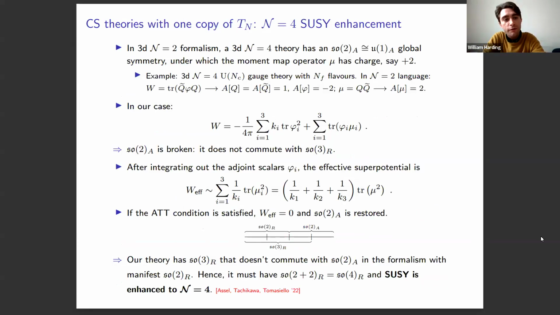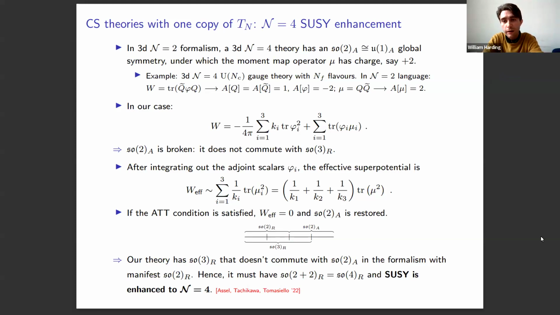So, as you know, in 3D n=2 formalism, generically, a 3D n=4 theory has an SO(2)_A or U(1)_A global symmetry, under which the moment map operator mu has charge, say, +2. So, for example, you can consider 3D n=4 U(N_c) gauge theory with N_f flavors.